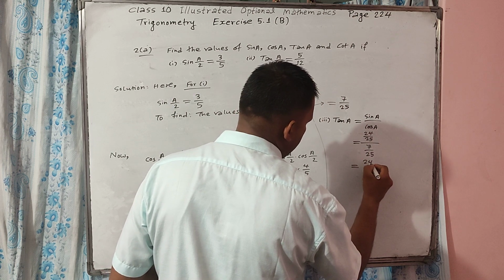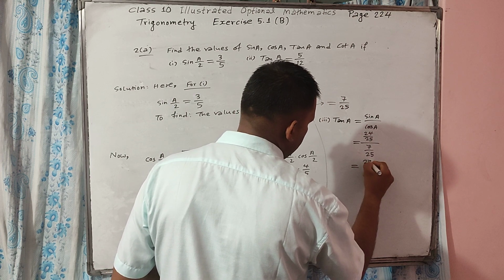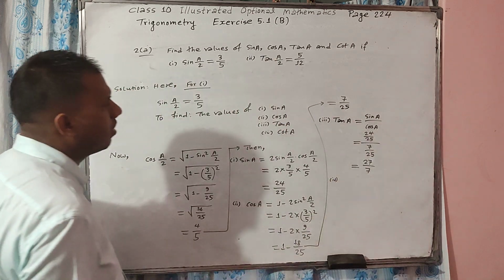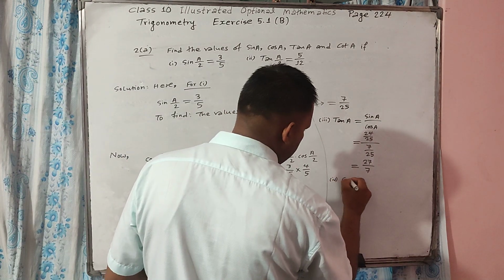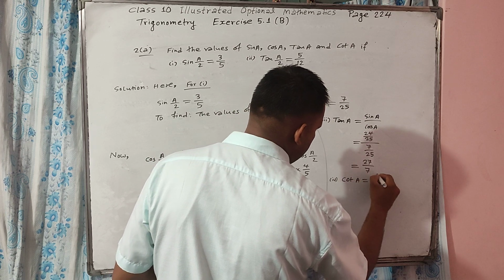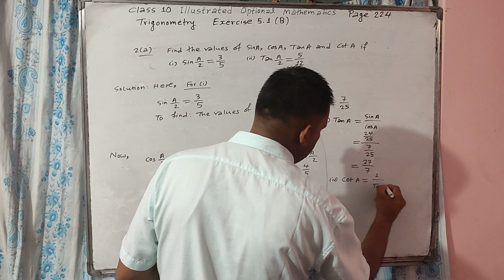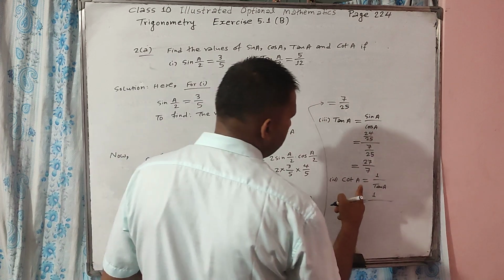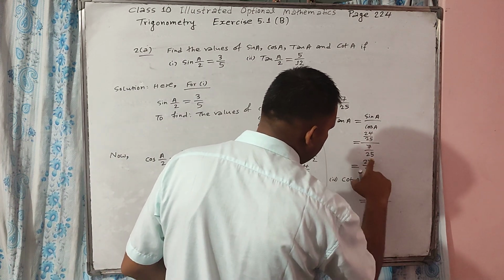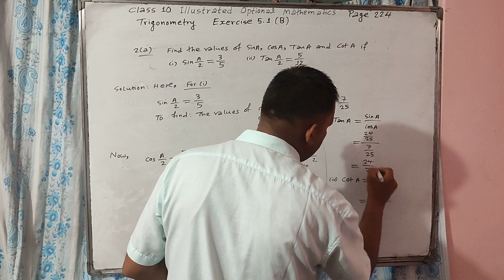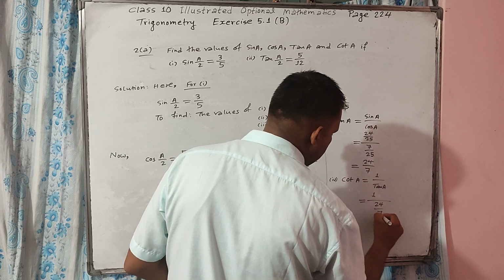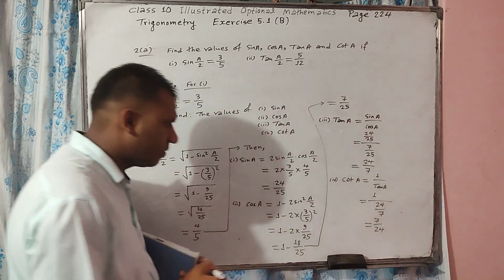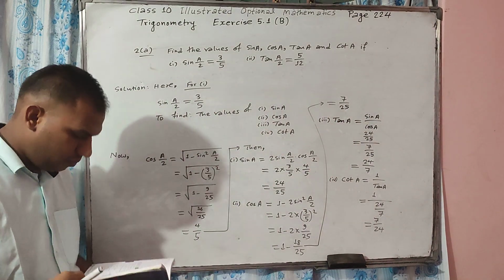So 24 by 7. And number 4, cot A. Cot A equals 1 upon tan A, 1 upon value of tan A is 24 by 7. This equals 7 by 24. Value of cot A is 7 by 24.